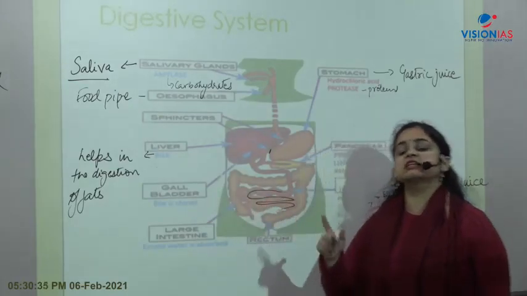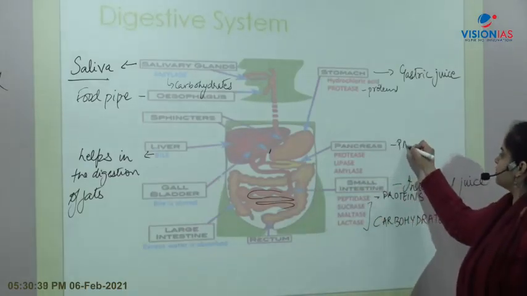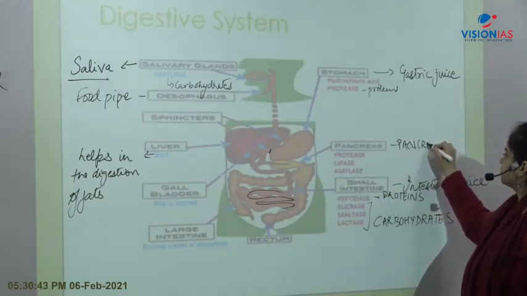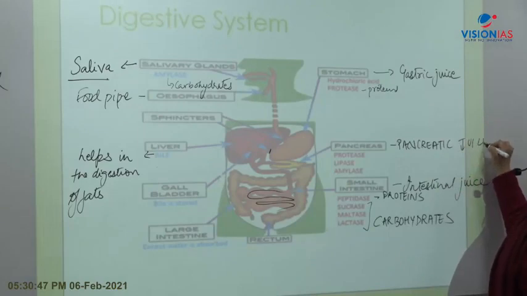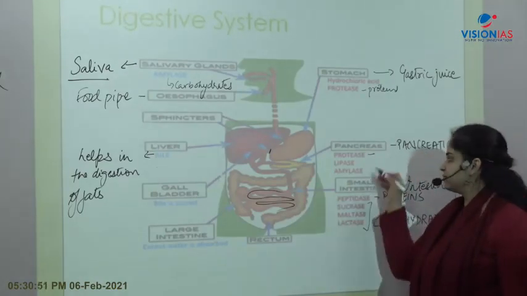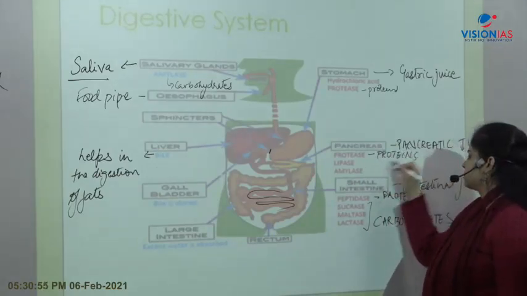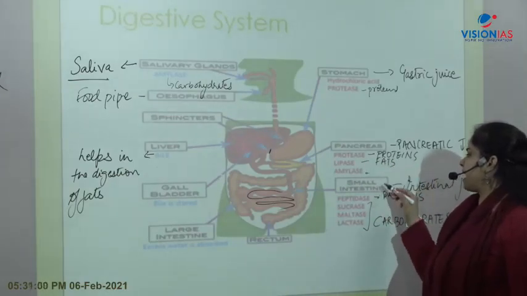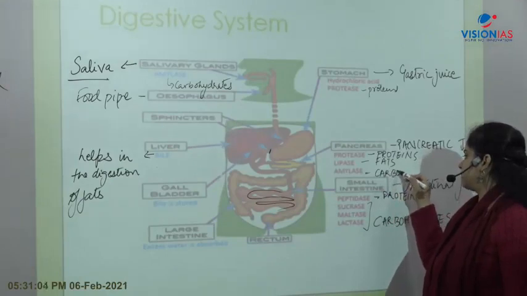And then there is a third fluid which is coming from the pancreas, so this would be called pancreatic juice. And pancreatic juice has all three things: protease for proteins, lipase for fats, and amylase again for carbohydrates.